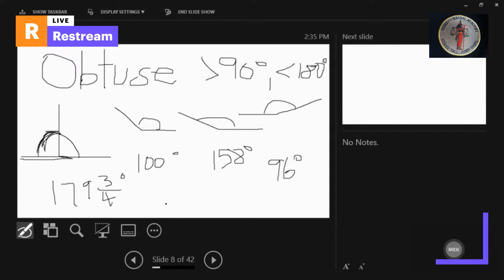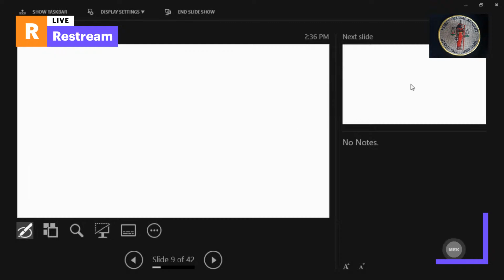All right, so we've talked about the acute angle. We've talked about the right angle, and we've talked about the obtuse angle. So now let's talk about the straight angle.